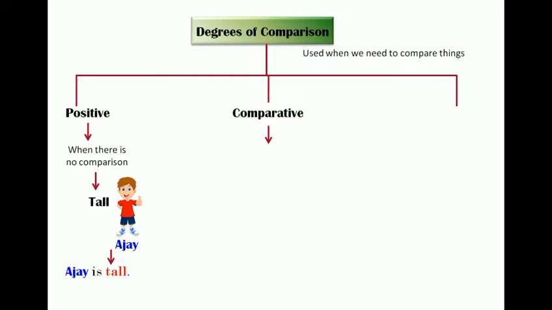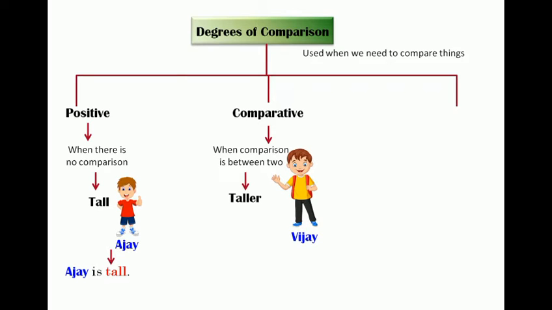Comparative degree. When we compare between two persons or things, example, taller. Vijay compared with Ajay. Vijay is taller than Ajay. So it is comparative degree.